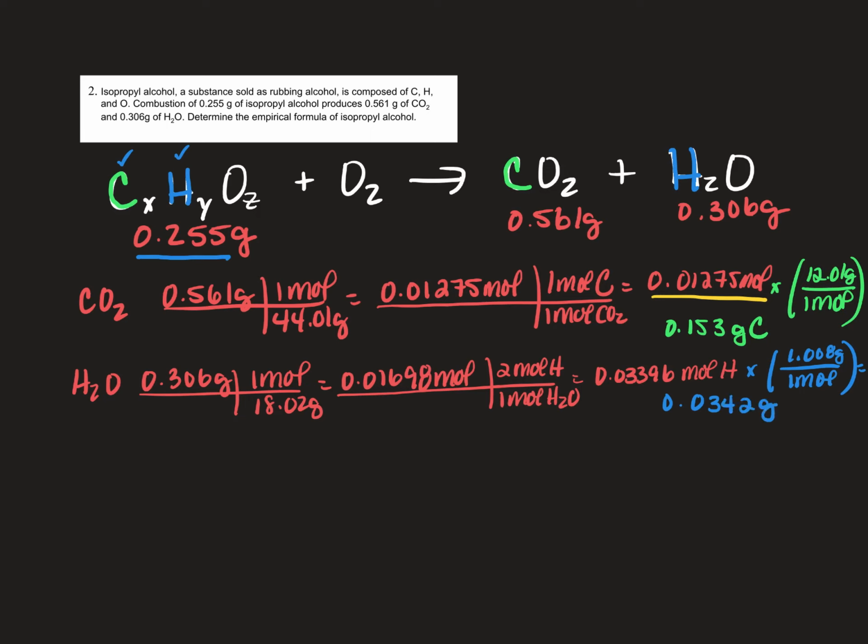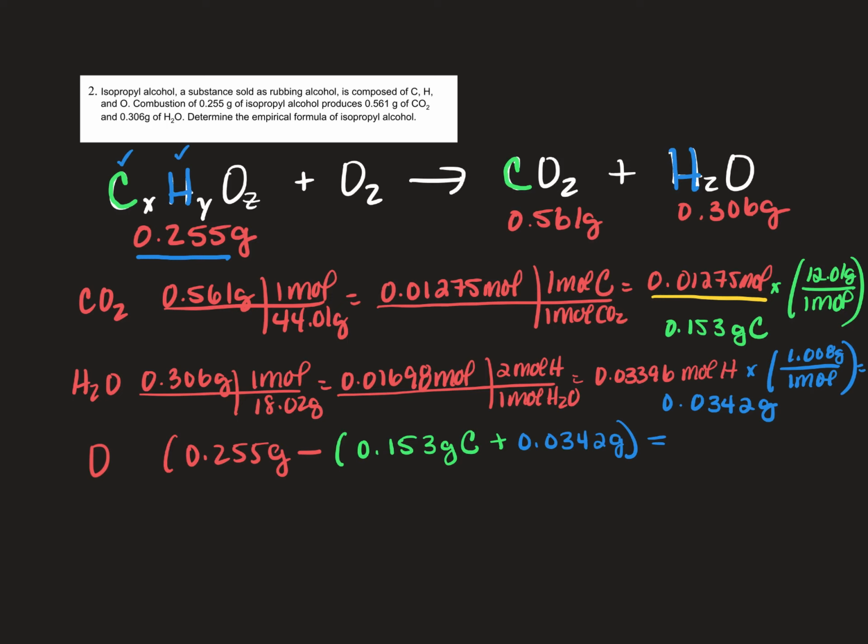So now to figure out the oxygen, I'm going to take the mass of the CHO, which is 0.255 grams, and I'm going to subtract from it the sum of the mass of the carbon plus the mass of the hydrogen, and that's going to give me the mass of the oxygen.